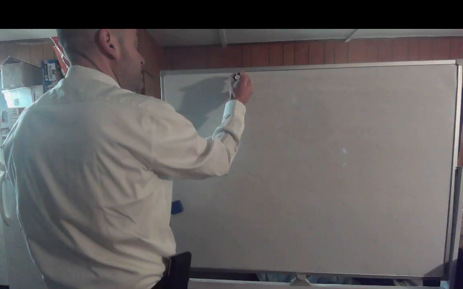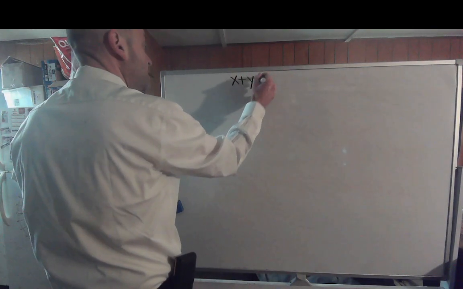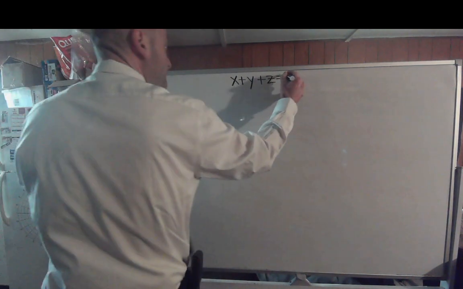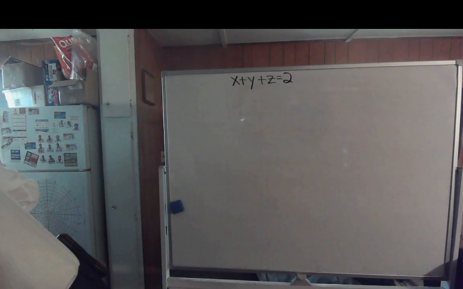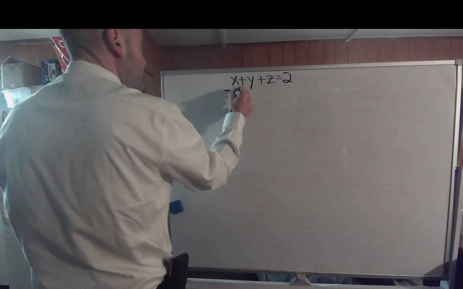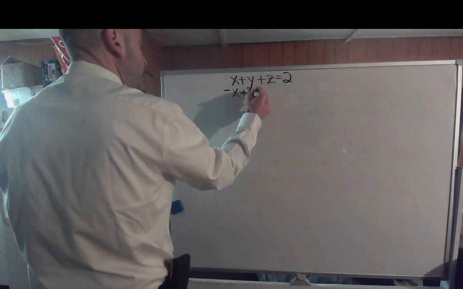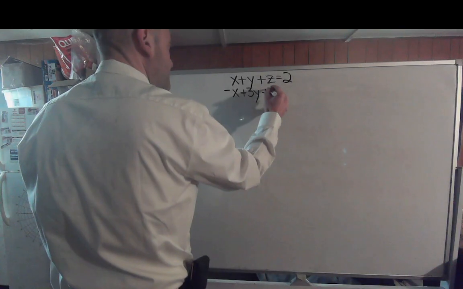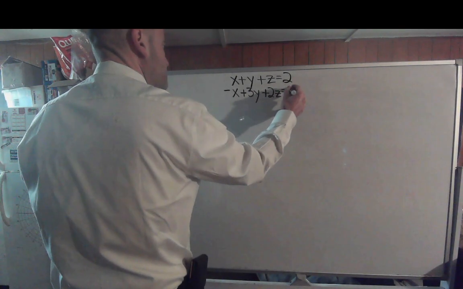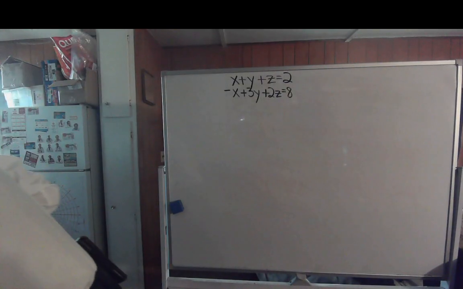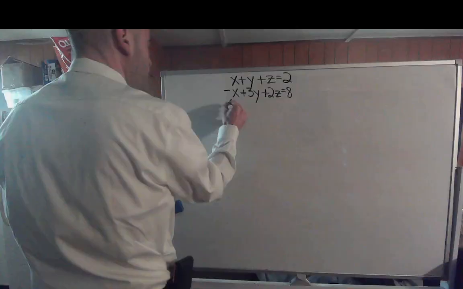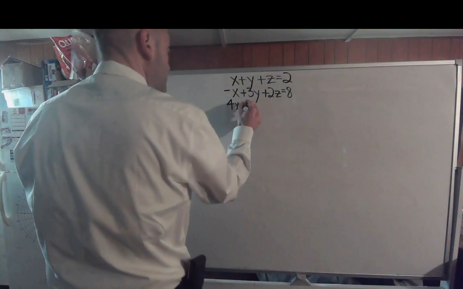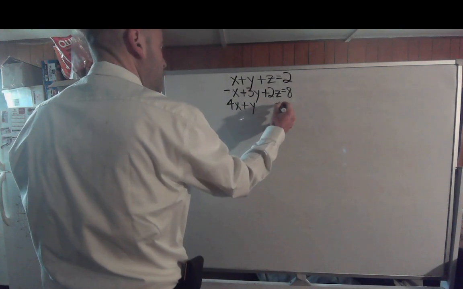Alright, let's see. We have x plus y plus z equals 2, negative x plus 3y plus 2z is equal to 8, and then 4x plus y equals 4.